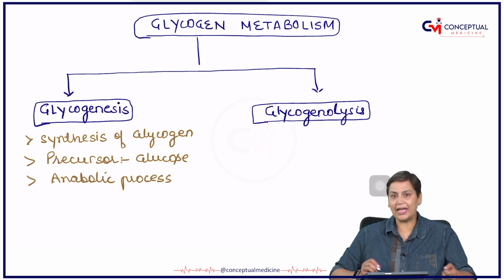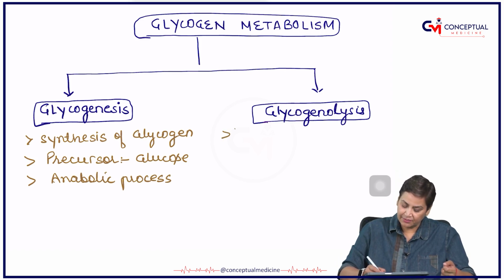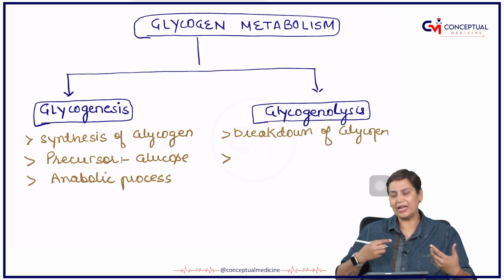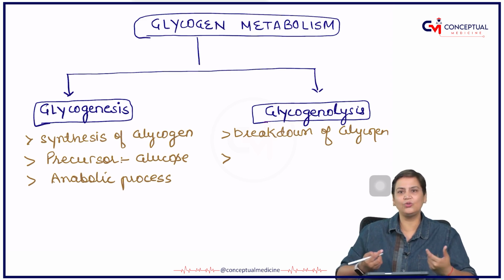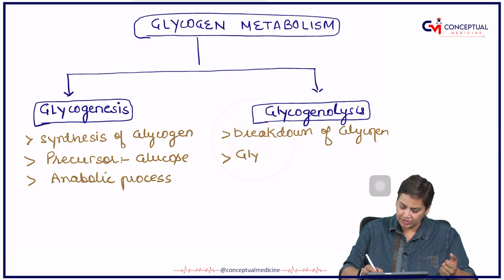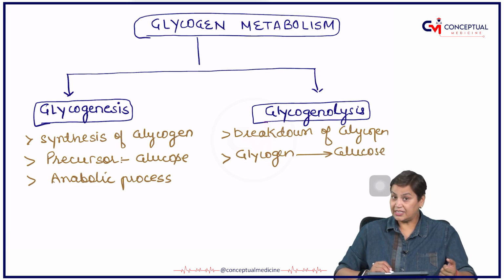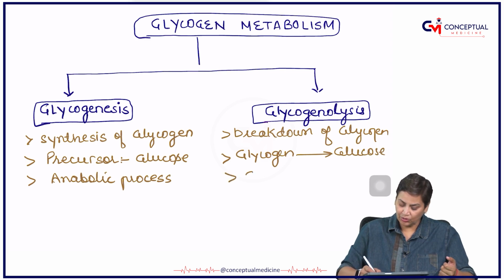Now coming over to glycogenolysis, which means breakdown of glycogen. Since the precursor of glycogenesis is glucose, glycogenolysis will always be the degradation of glycogen to glucose. So I can simply say that glycogen will be broken down to form glucose. Now genesis is an anabolic process, so glycogenolysis is a catabolic process.